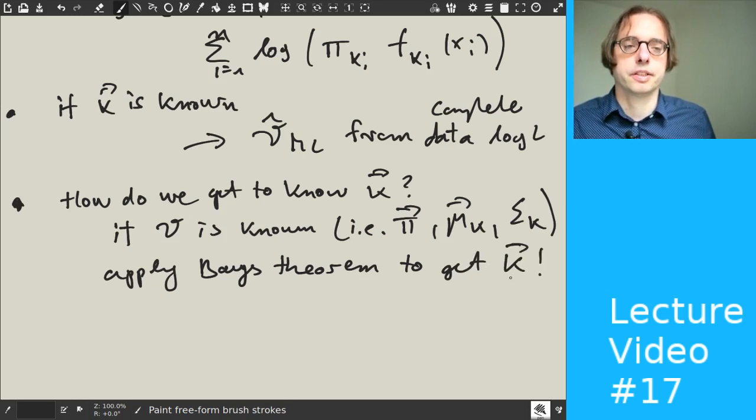Or in particular, we don't actually get k, we get the probability of k given x.